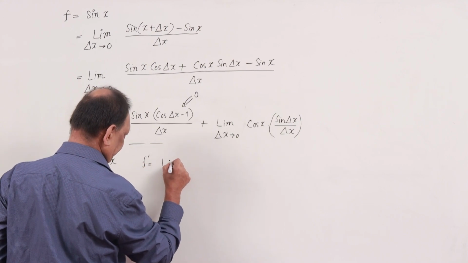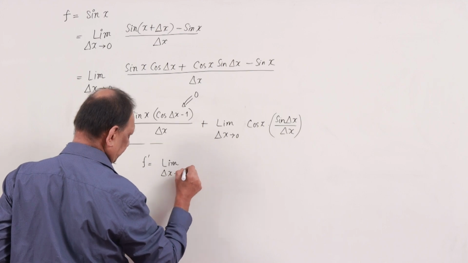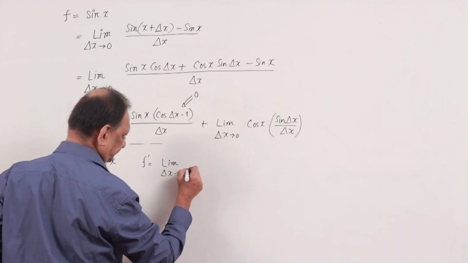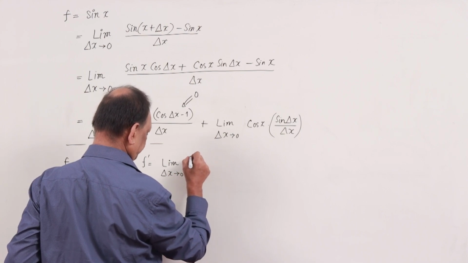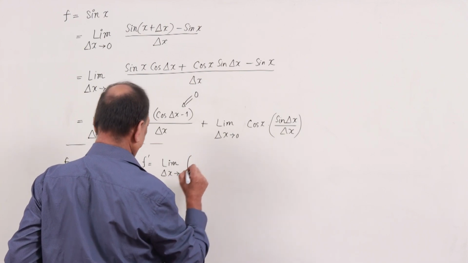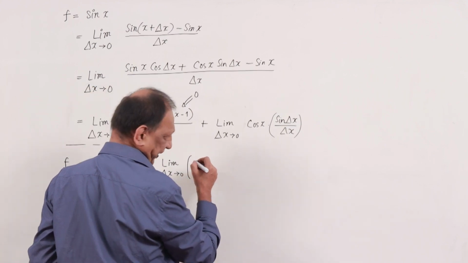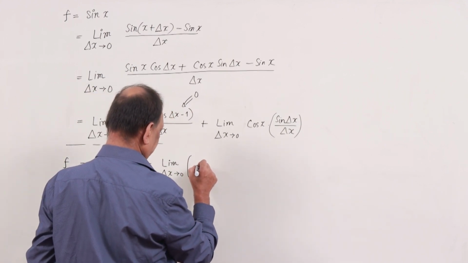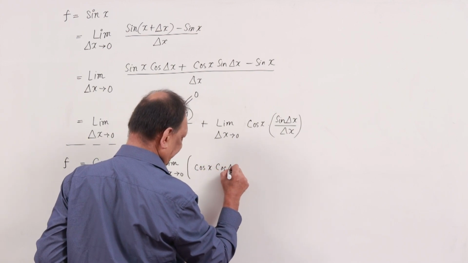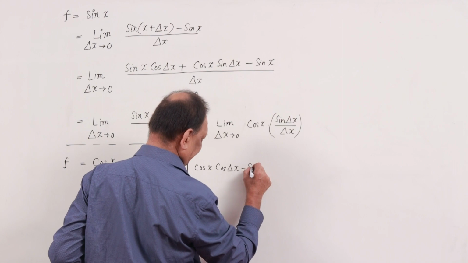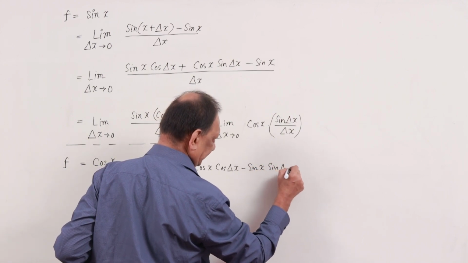Limit delta x goes to 0 of cos of x plus delta x minus cos x. So that would be cos x cos delta x minus sin x sin delta x.